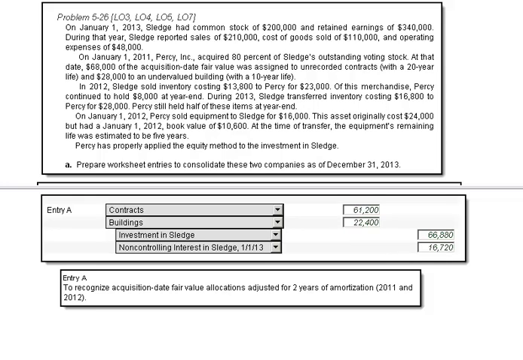Okay, now the next entry we're calling entry A, and this is the entry that we have to make to recognize the acquisition date fair value allocations adjusted for in the second year of amortization.